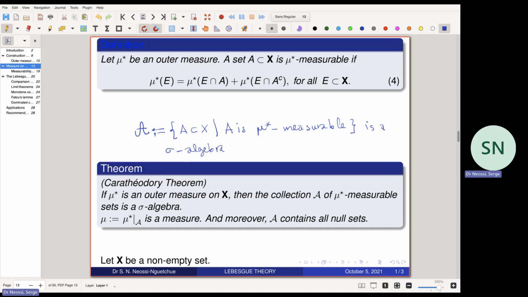So that is what Caratheodory's theorem tells us. We have already a sigma algebra.